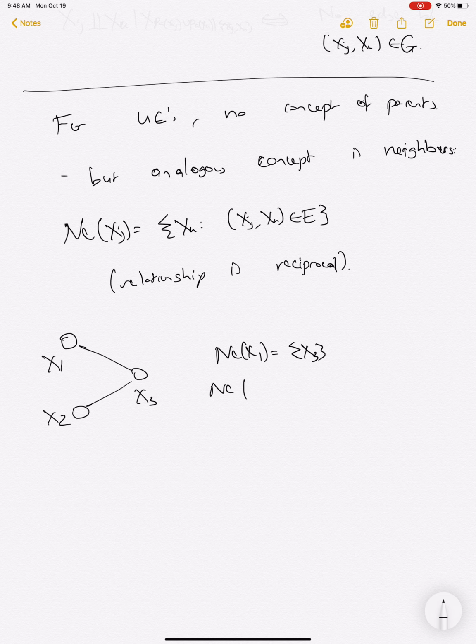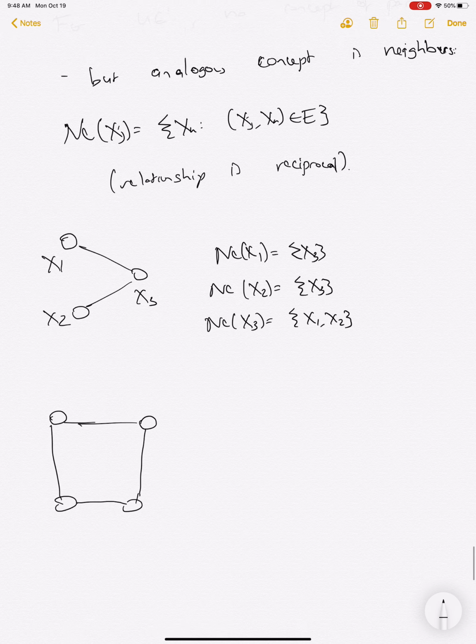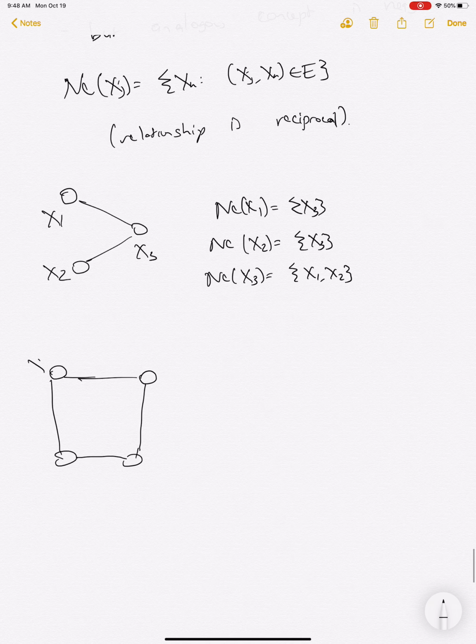The neighborhood set of x2 is equal to x3. The neighborhood set of x3 is equal to x1 and x2. Similarly, for this graph, the neighborhood set of x1 is x2 and x4.